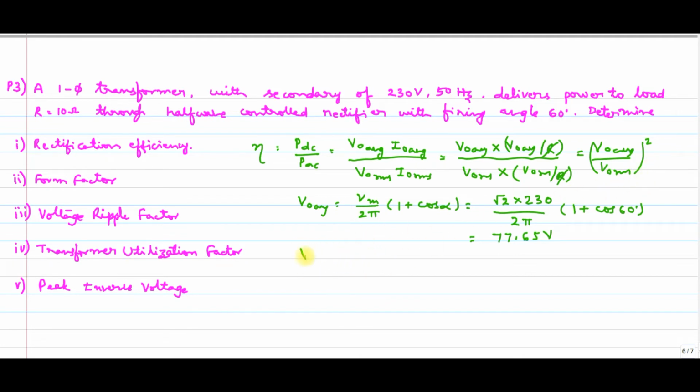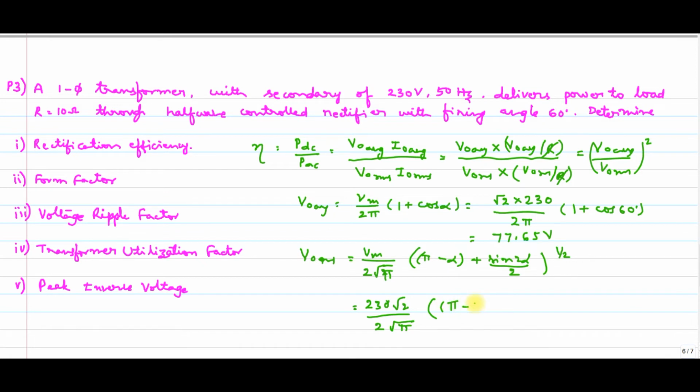So let us go ahead with V naught RMS also. The formula is Vm by 2 root pi into the square root of pi minus alpha plus sine 2 alpha by 2. That is 230 root 2 by 2 root pi into pi minus alpha.